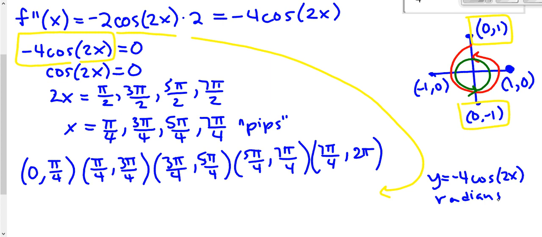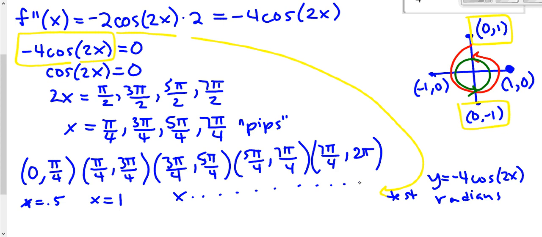For example, pi divided by 4 is approximately 0.78, so maybe I would use approximately 0.5 as my test number. For the next one, 3 pi over 4 is approximately 2.3, so maybe I would just use 1, and so on. Just use decimals, it's fine. And then you can use the table feature of your calculator to figure out whether you get positives or negatives.